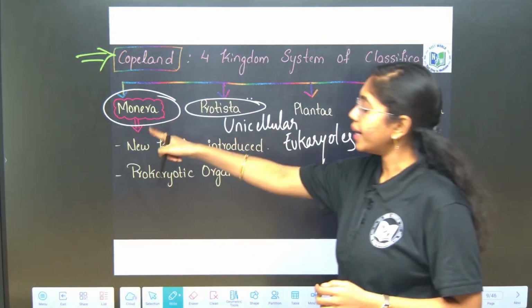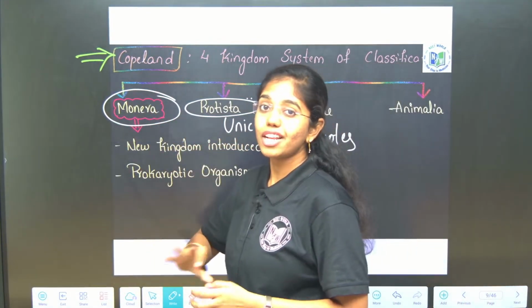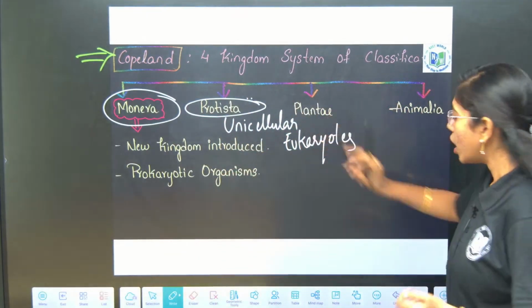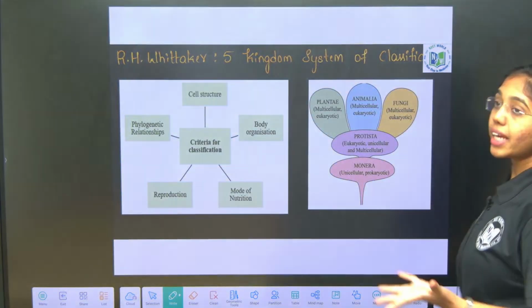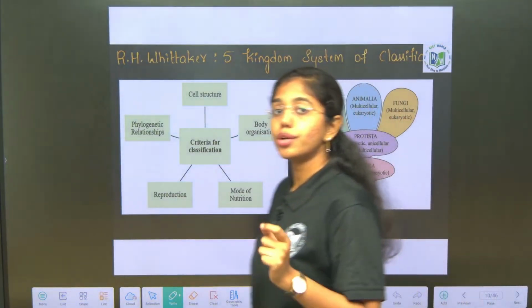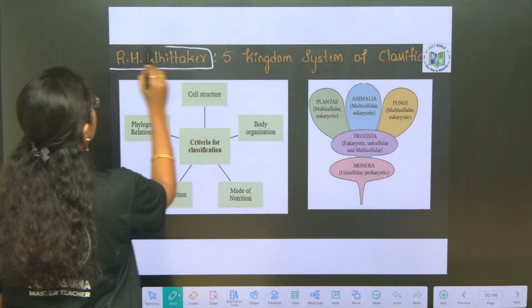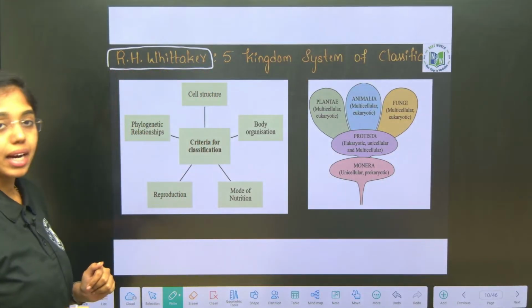Then the five kingdom system of classification was introduced by R.H. Whittaker.